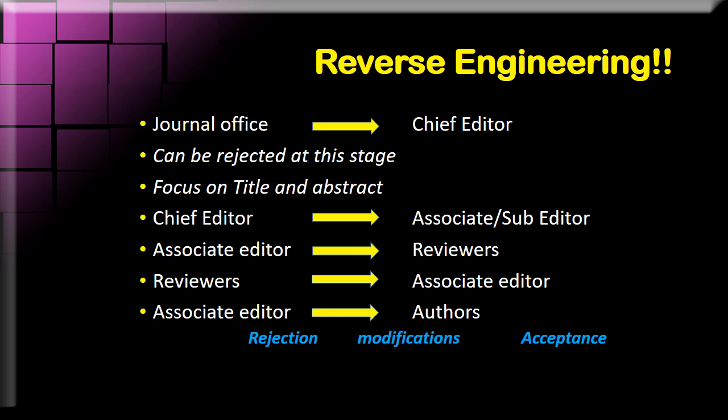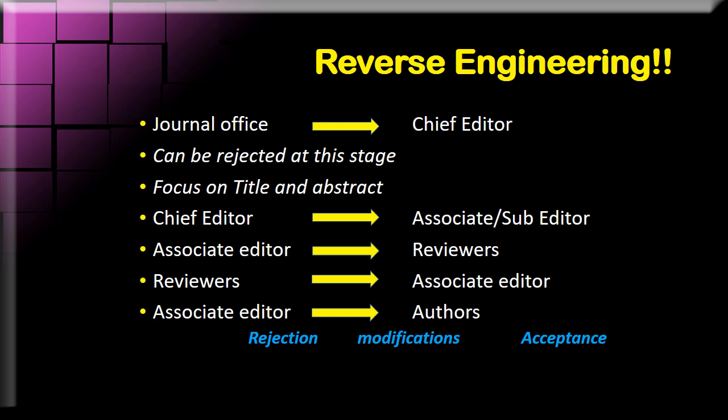The decision can be one of 3 decisions. It may be rejection, where it is communicated to the authors that it is rejected, or it can be an outright acceptance in its form, where the authors get a letter of acceptance.